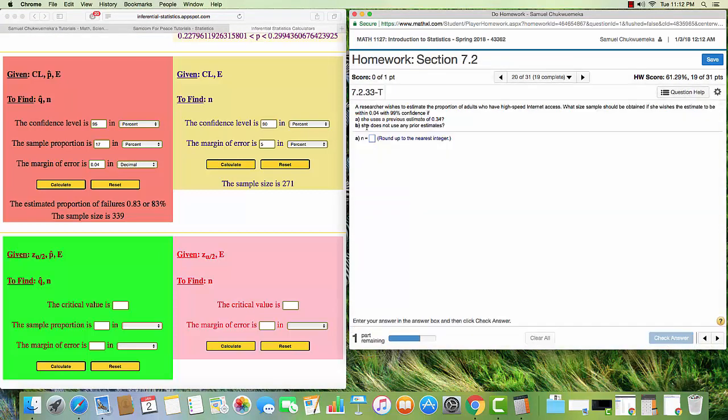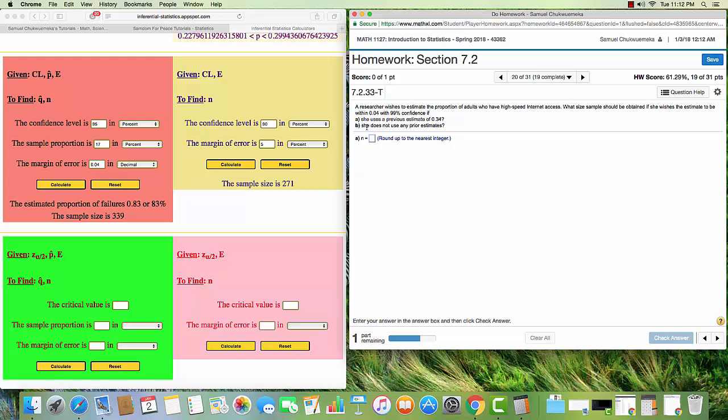Question 20. A researcher wishes to estimate the proportion of adults who have high-speed internet access. What size sample should be obtained if she wishes the estimate to be within 0.04?